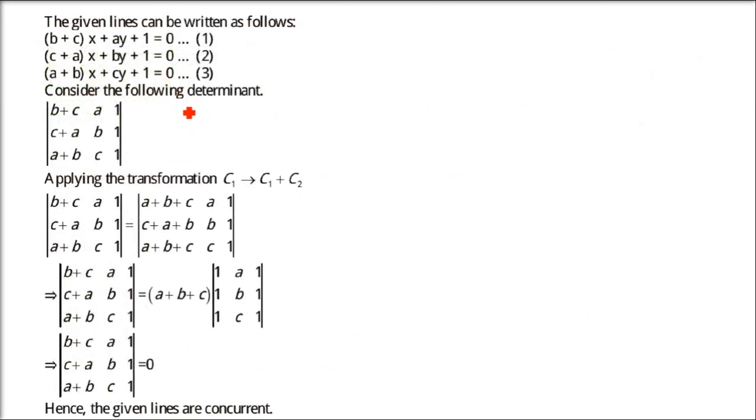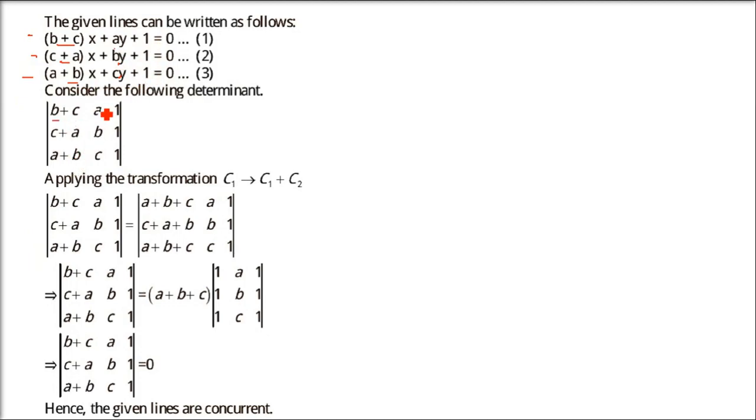Next question is, show that these three straight lines, L1, L2, L3, are concurrent. If you are able to prove that the determinant of the coefficients of these three linear equations is 0, then these lines are concurrent.